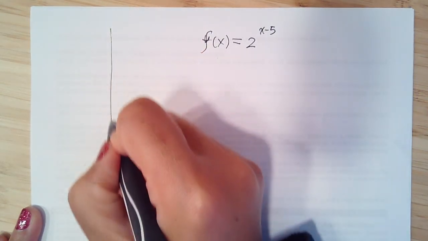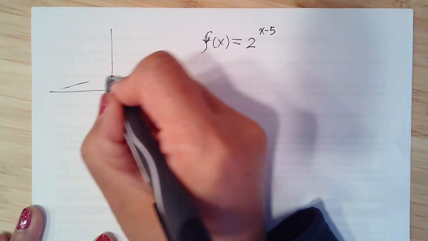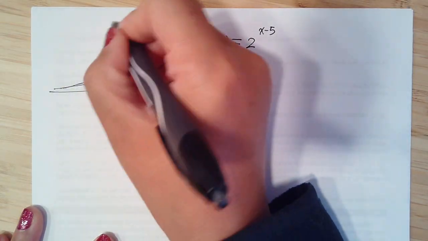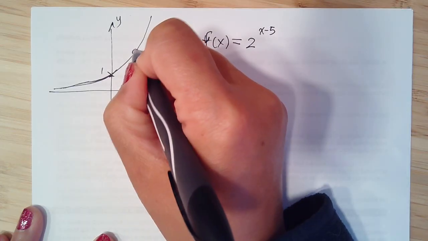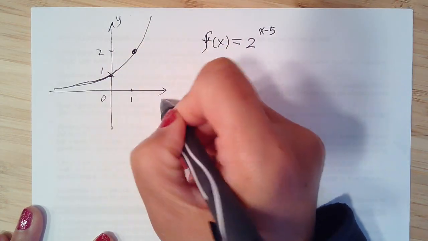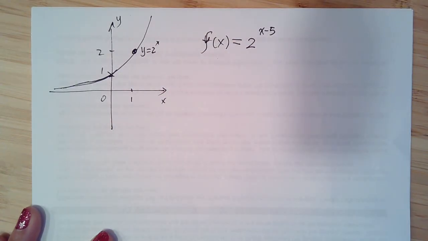Now I want you to remember this. This is y, here's a 1, here's a 2, and this is y equals 2 to the x. That's the parent function graph. Do you remember this?